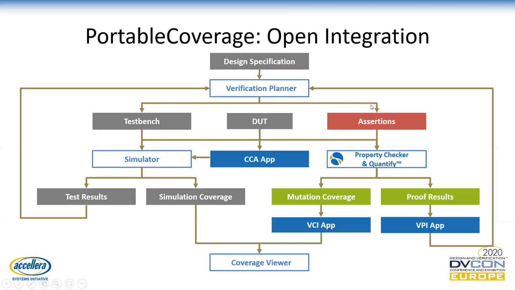Someone decided that we are doing this block with formal and this block with simulation. Then we run some simulation on the interconnect side, and we verify some interfaces with formal. And the test benches are being developed by the same team or by different teams, which also doesn't matter.